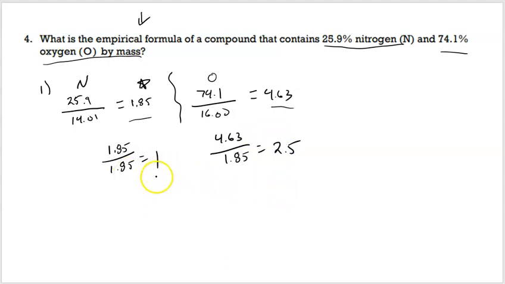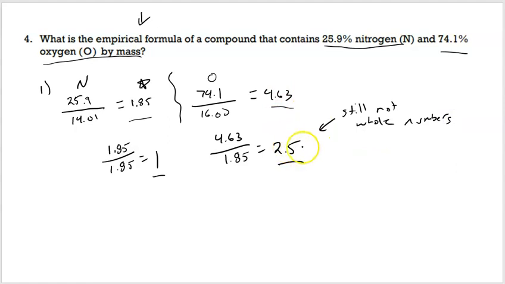Now, this is a situation we've not run into just yet with our critical thinking practice we did earlier. I did this division, and I still don't have whole numbers. We don't put fractions or decimals in our formulas.